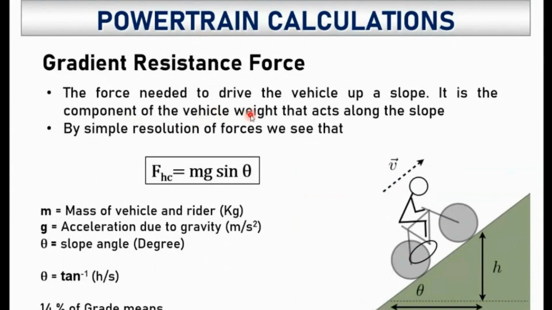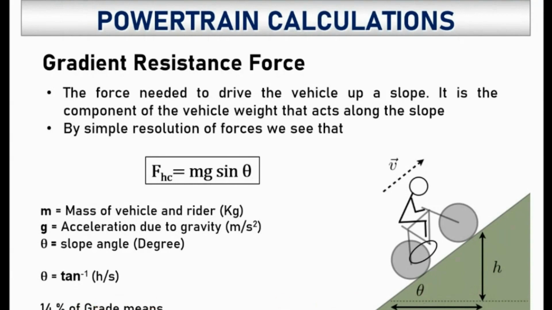And then gradient force. Yes, when you have a grade, you resolve the forces. It's mass times the acceleration and the sine of the slope that we have. And as I said, to convert from 14%, or maybe 13 to 15% grade, to degrees, we usually use tan inverse.